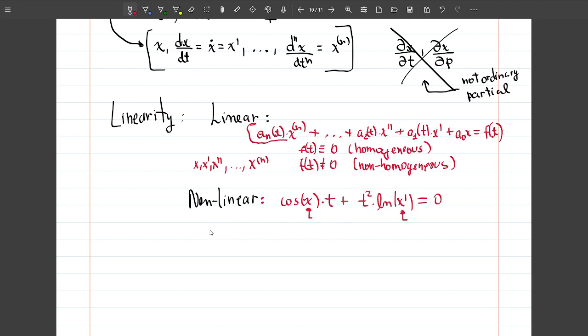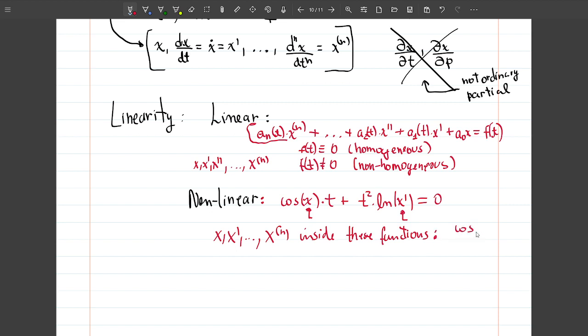So every time we have x, x prime, all the way to the nth derivative inside these functions, we say that it is nonlinear. What functions am I talking about?